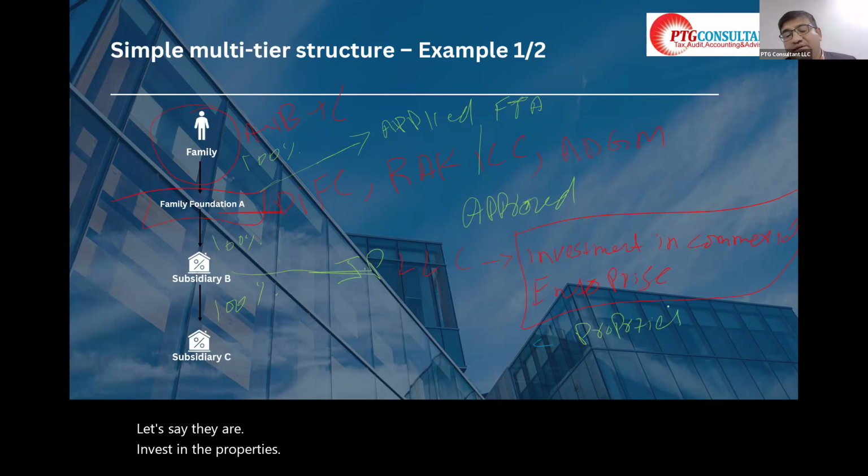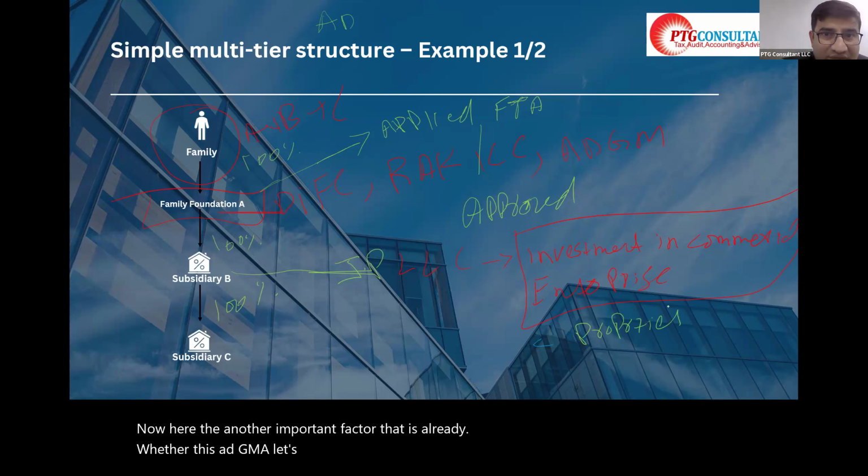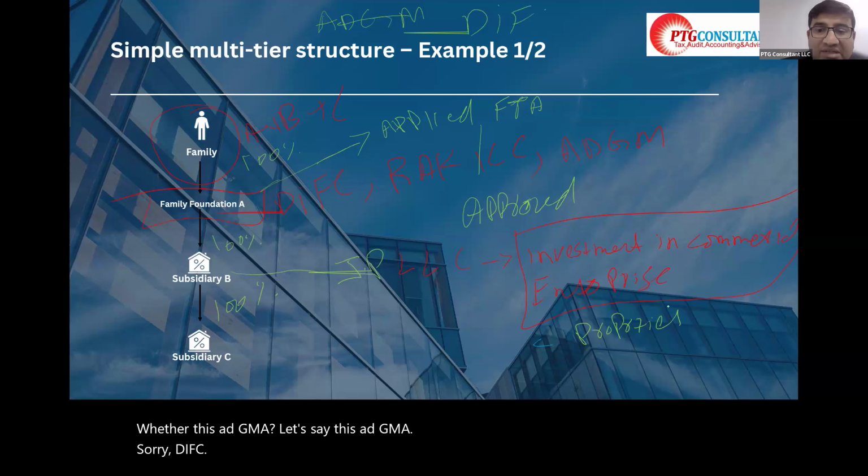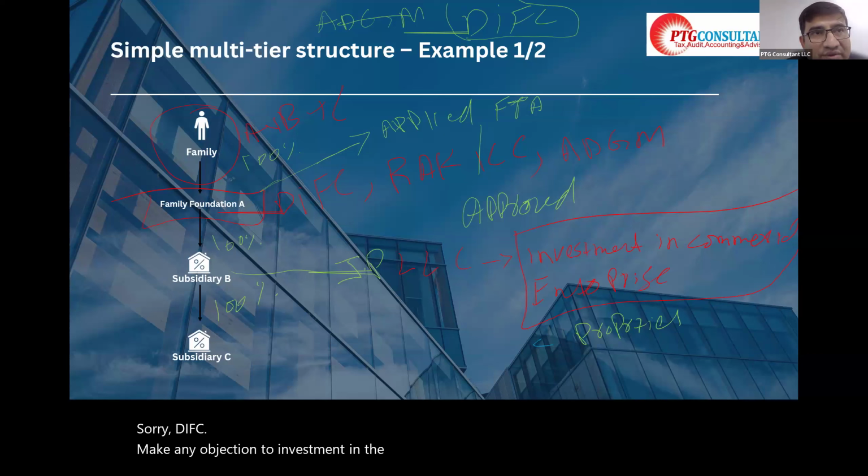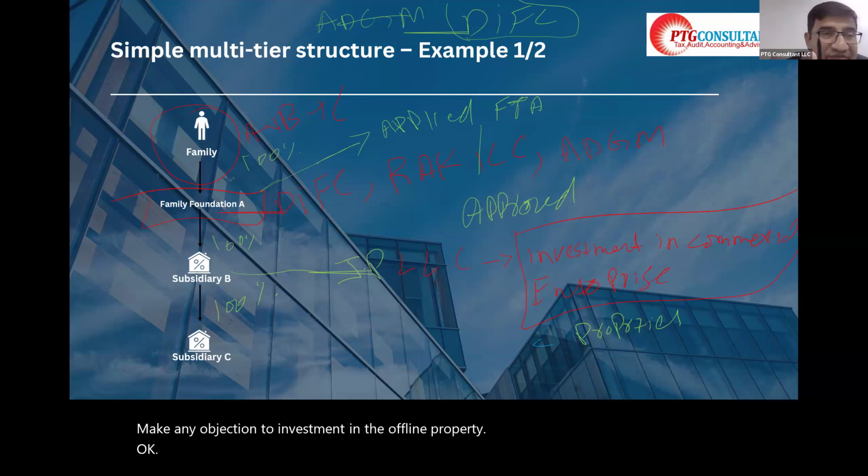Okay. Now here another important factor: let's say this DIFC, does this DIFC make any objection to investment in offline property? So this is also a confirmation we have to give.